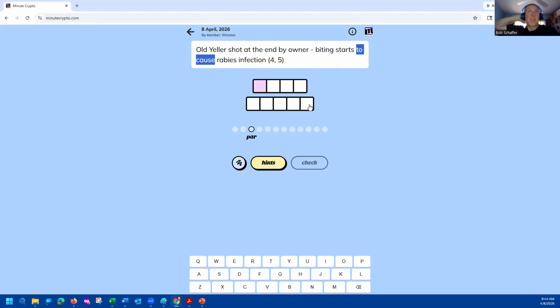Lear. What if old was O? Yeller rearranged somehow. I'm not seeing that.